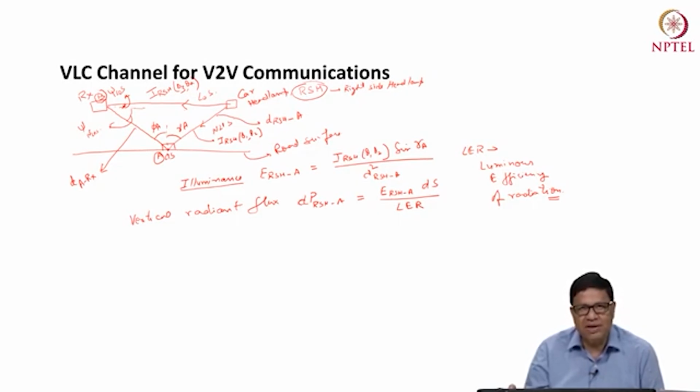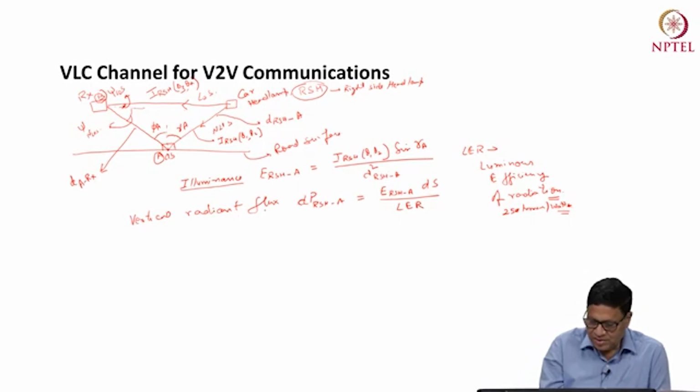That is a normal LED used in the car, and they have a certain LER value, typically of the order of 250 lumens per watt, for a good LED. This is how you measure LER, lumens per watt, the luminous efficiency of radiation.